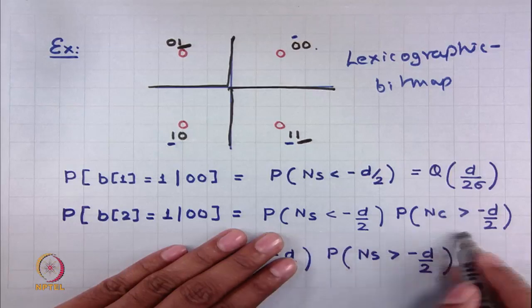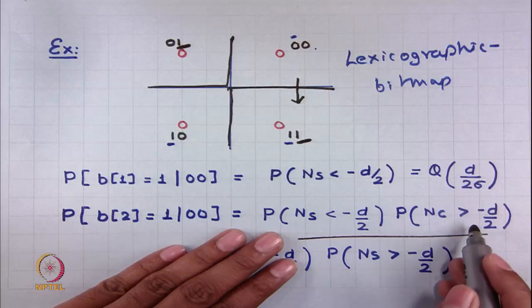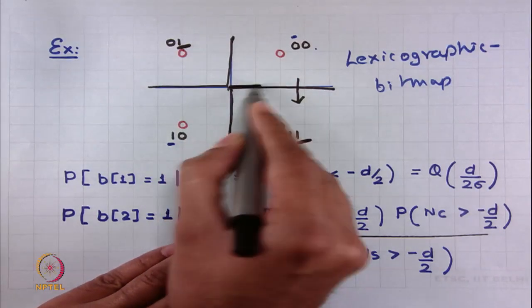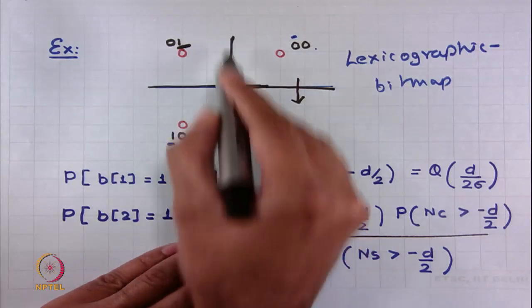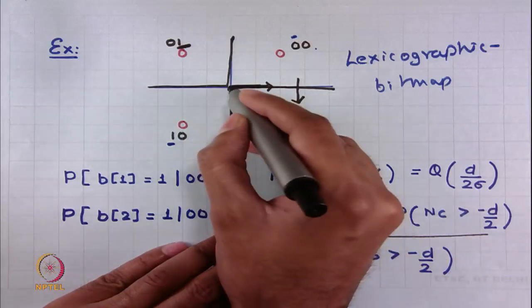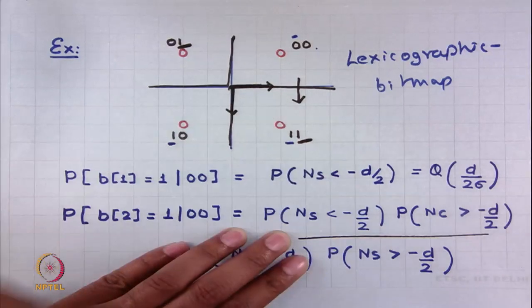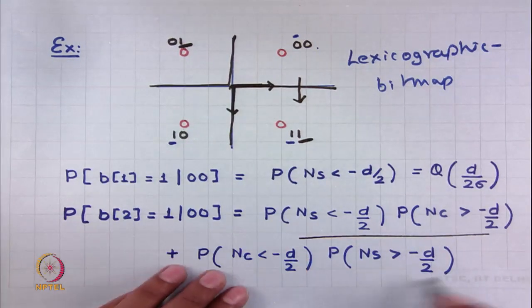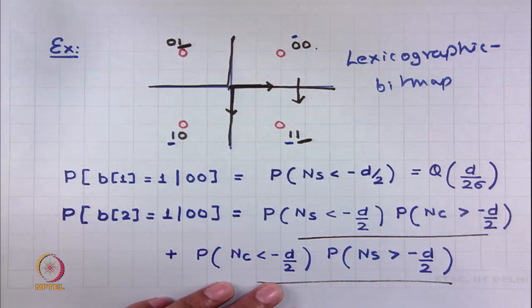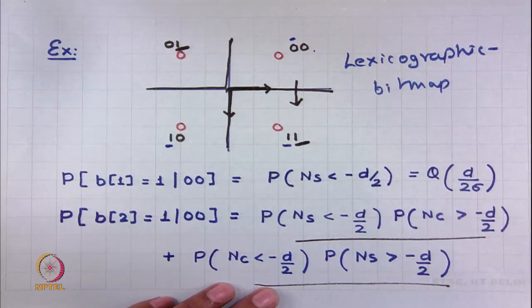It will lie in the 4th quadrant when NC is greater than minus d by 2, that means you lie to the right of this axis, and when NS is less than minus d by 2, that means you lie below this axis. So, you remain in the 4th quadrant. Similarly, this event corresponds to the received observation lying in the 2nd quadrant, and that will give us the probability that bit 2 is 1.